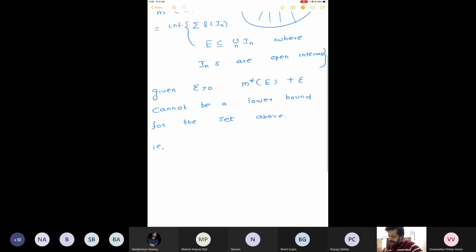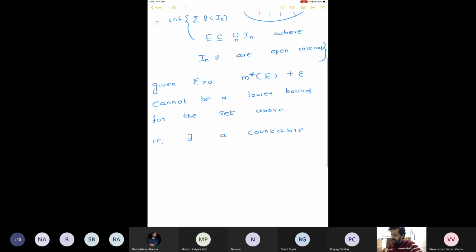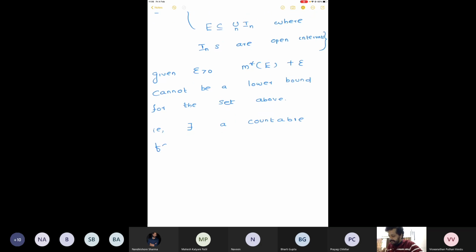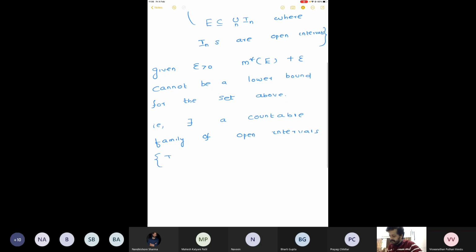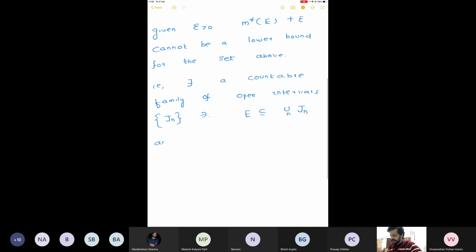That means there exists a countable family of open intervals Jn such that E is contained in the union over n of Jn and the summation of the lengths of Jn is less than or equal to m star of E plus epsilon.